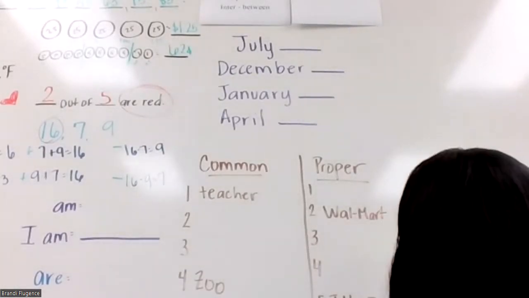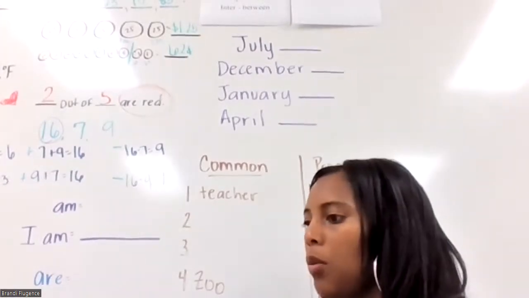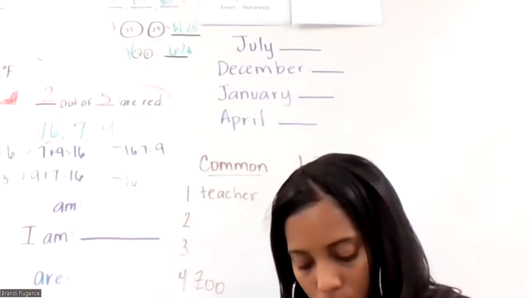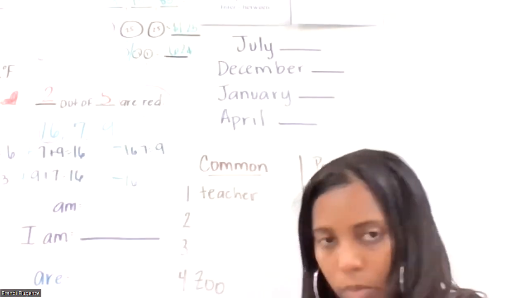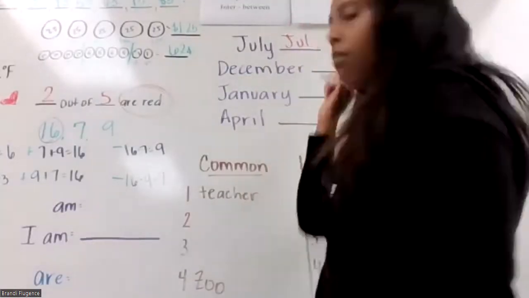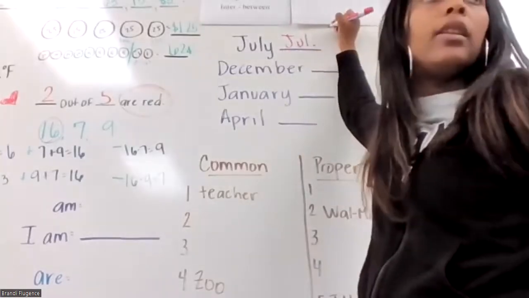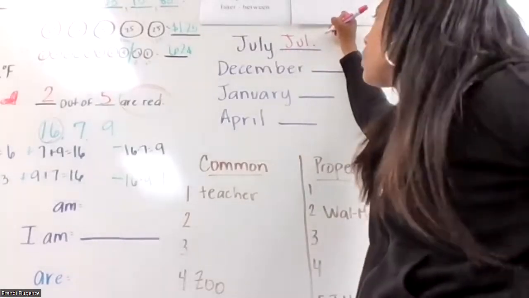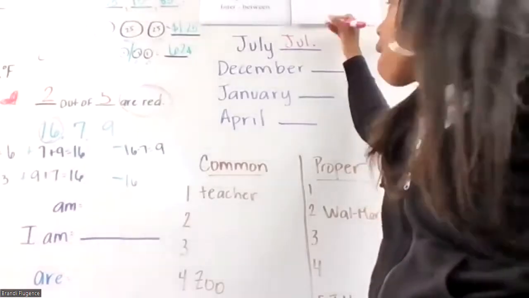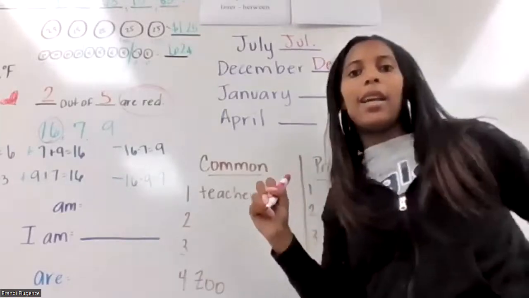All right, let's look at July. What will be the abbreviation for July? Capital J-U-L, and that's it? Dot at the end. Make sure I put that, yes, period. December: capital D-E-C dot.